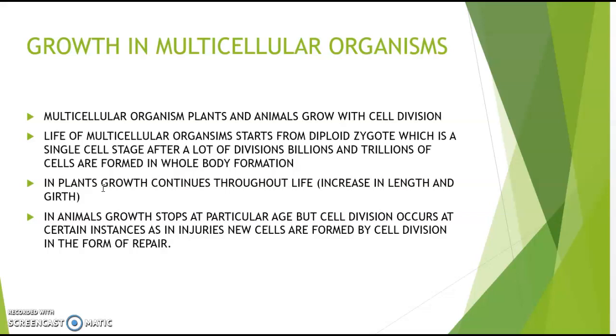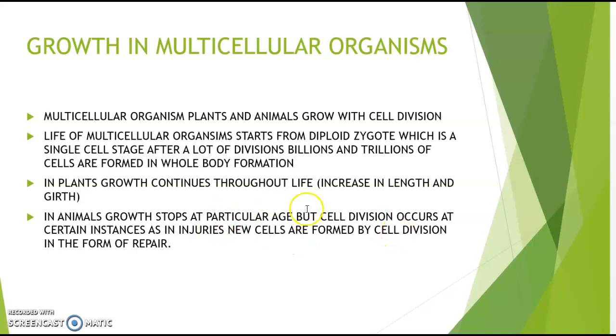In plants, growth continues throughout life. If we check the length and size of branches of any tree or plant, increase in length and girth occurs throughout life. But in animals, growth stops at a particular age. But cell division still occurs, not for growth, but for certain repair mechanisms. Because of injuries, on surfaces, some wear and tear happens in some of the cells.